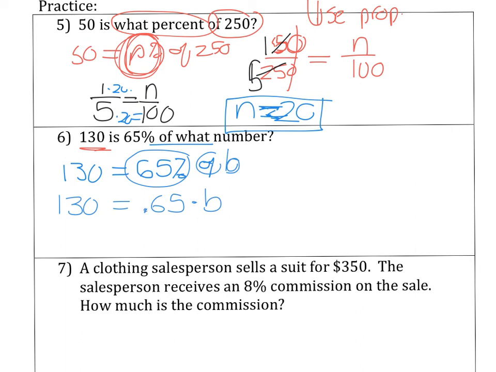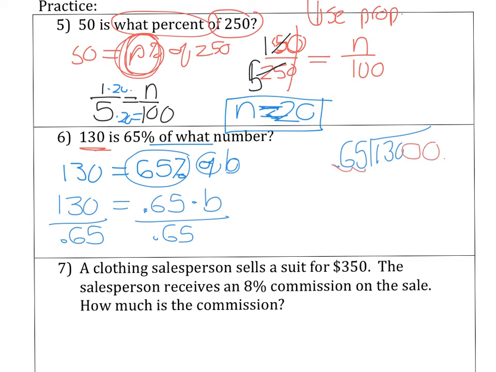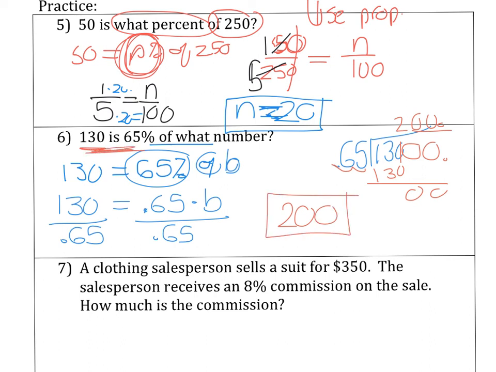To get b alone, I divide by 0.65. And I end up with 130 divided by 0.65. I have to move the decimal, which means I have to add 2 zeros and have the decimal here. When I divide this out, this goes 2 times, it's going directly over this 0, and that's 130. And then I'm going to add these zeros so that my answer is 200. So 130 is 65% of 200.